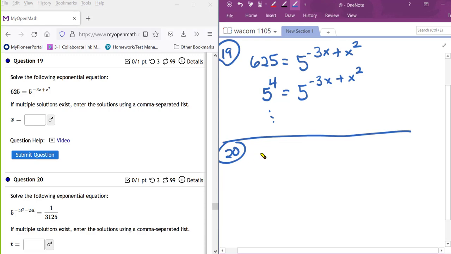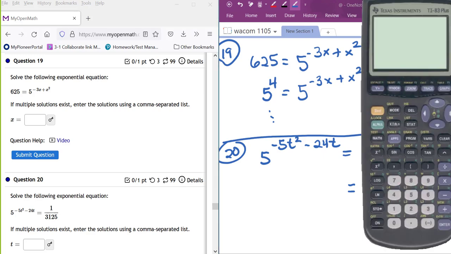20, I will also just help you set it up. So 5 to negative 5t squared minus 24t equals 1 over 3125. We need these as the same base. Okay, it's going to be a 5. So, and to get it in the denominator, it's going to be a negative exponent. So test some things. I believe it is 5 to the 5th.